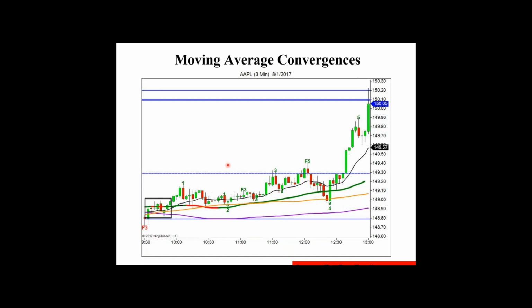Remember, the high probability pattern for them is that rectangle. So I don't expect them to last a long time, especially if they move very parabolic like this. So generally when they move very parabolic like this, it's not going to last that long. Of course, there's exceptions, but we're not trading the exception, we're trading the rule. We want to trade what works most of the time.